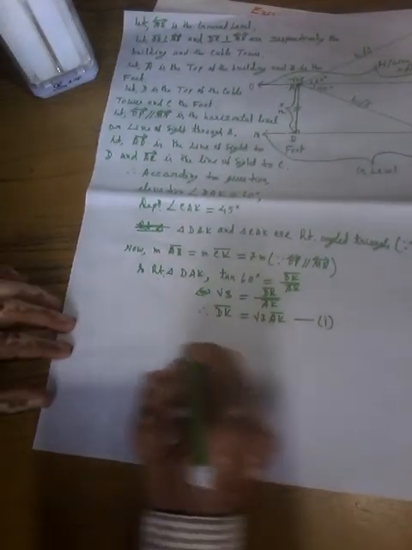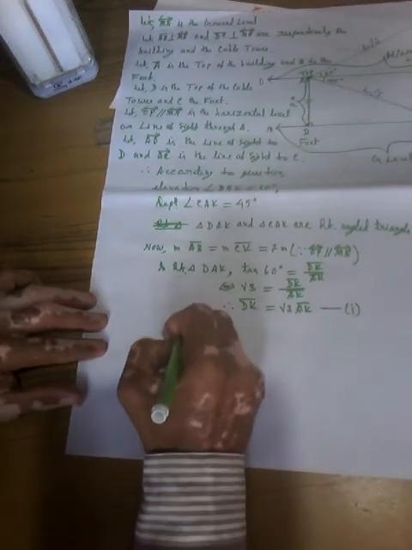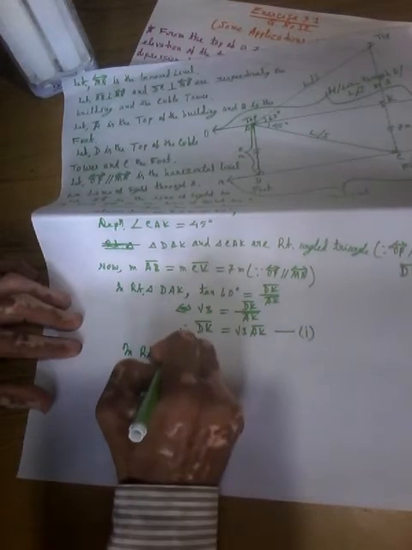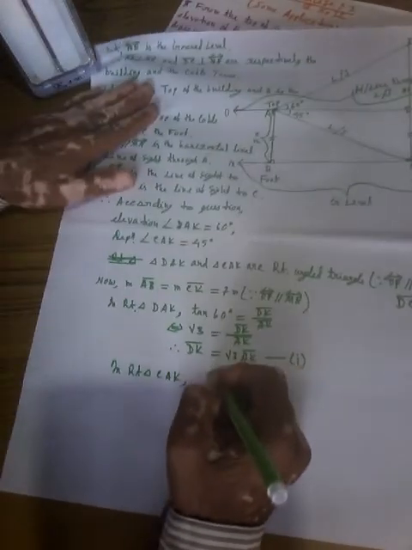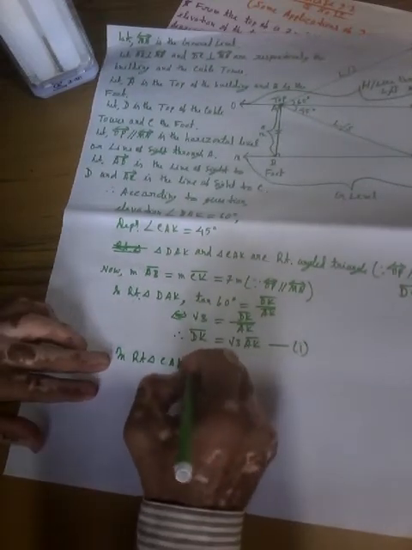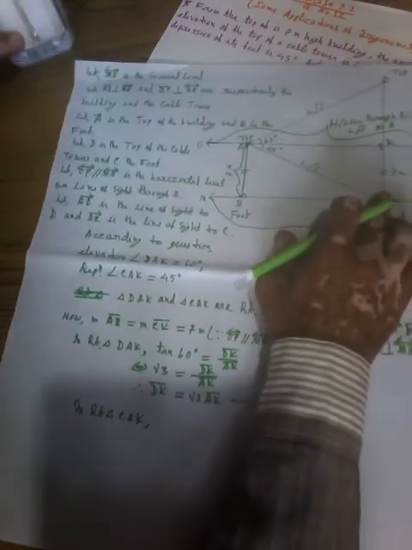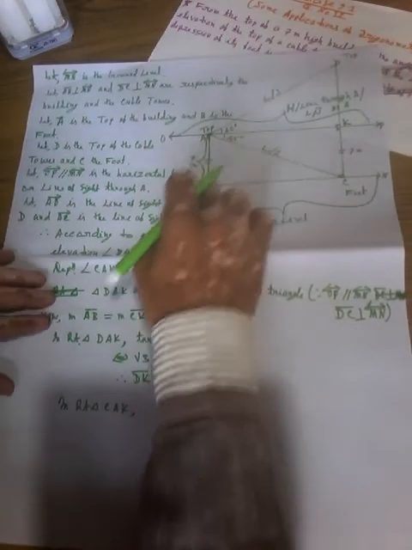After that, write in this way, in right triangle CAK we again need the measure of CK and AK, so we will again go for tan theta.